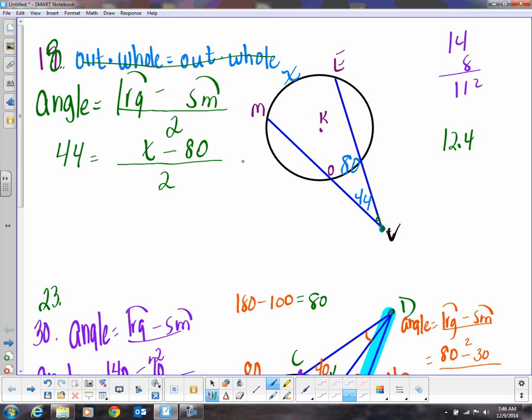How do we undo division? Those 2's are gone, so 2 times 44 is 88. Now what do we do? It is being subtracted, so we're going to add 80. So I think that's going to be 168.